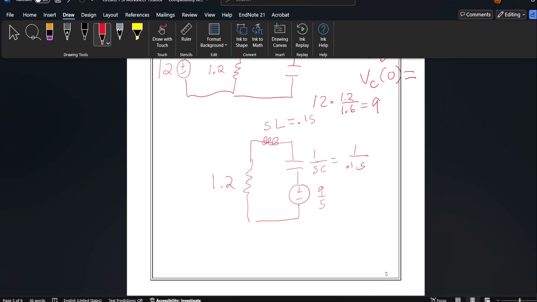So now, if I do KVL, I would get 1.2 I plus 0.1 S I plus 10 over S I plus 9 over S equals 0. So I'll pause for a second and make sure that makes sense.